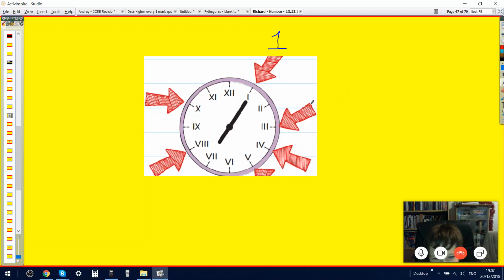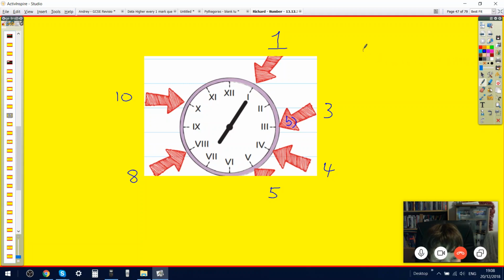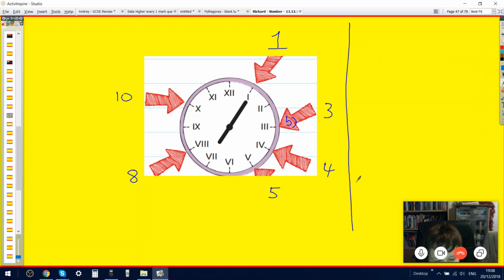The next one has 3 of those 1-like things, so it's 3. Next one is 4. Next one's 5. And next one's 8. And the last one is 10. That's it. And so, using that, we'll say what each thing is.